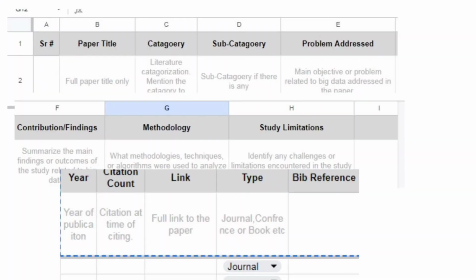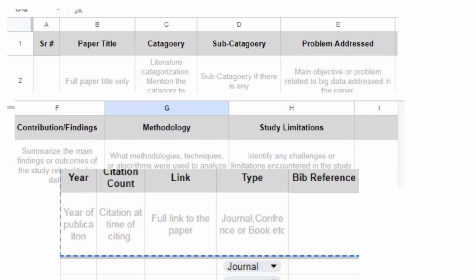Study limitation is also very important, because if we are going to cite any literature, any article, then we have to mention what the main limitation of this idea is, and what the reason is that we are going towards the next idea. To prove our idea, we have to use their contributions and their paper limitations as a step.